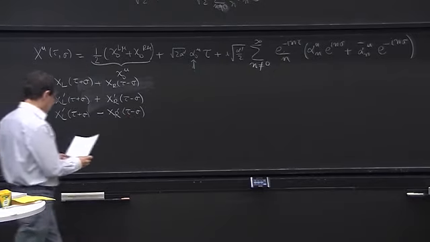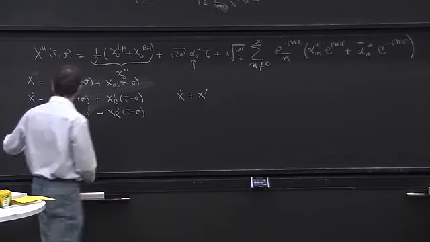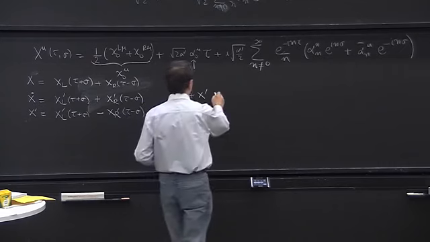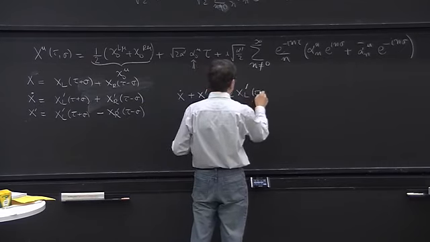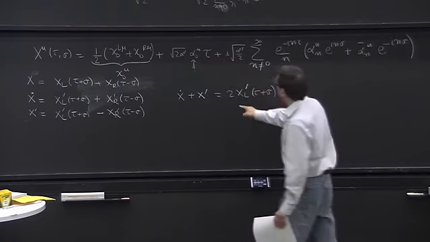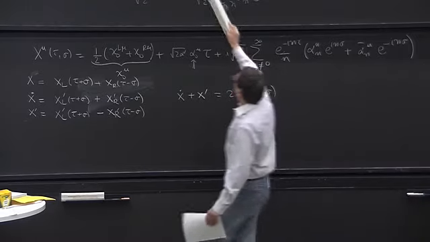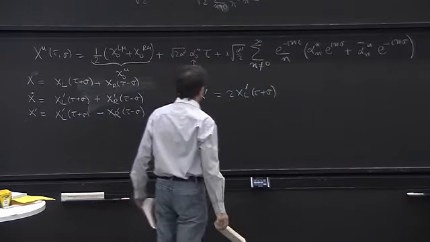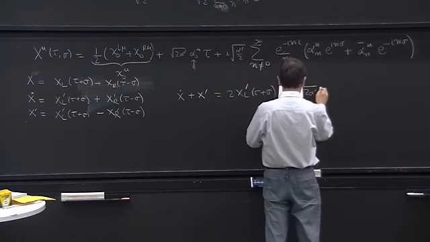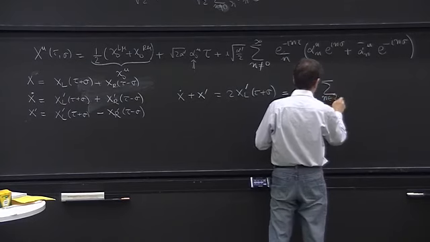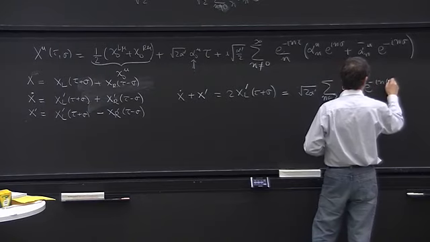So we get that x dot plus x prime, if you sum them, you get 2 xl prime of tau plus sigma. And that's the 2 that is responsible for this square root of alpha prime over 2 that we have there, because now this is square root of 2 alpha prime, sum over all n's, alpha n mu, e to the minus i n (tau plus sigma).